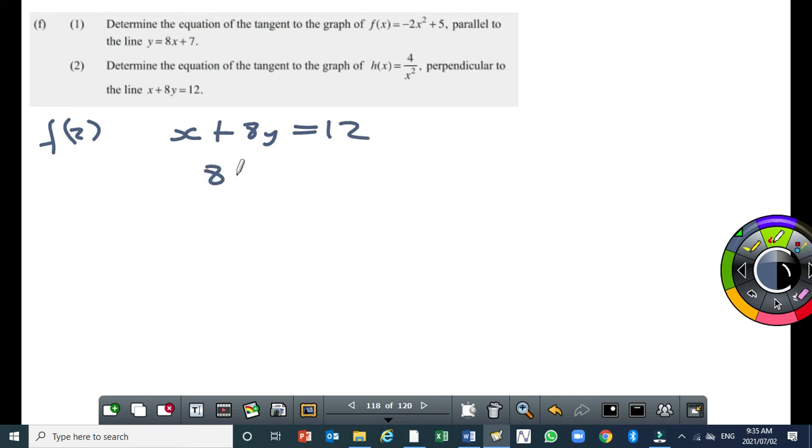So this becomes 8y equal to minus x plus 12. Remember the general equation of a straight line, it's y equal to mx plus c. Do you remember that? Yes. Right, then we divide both sides by 8.